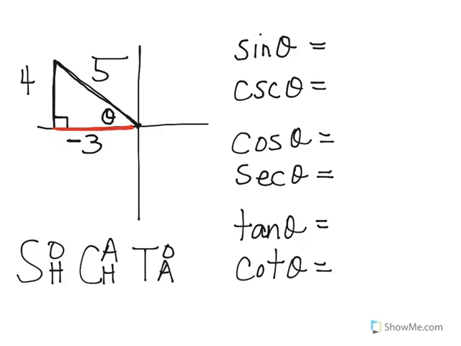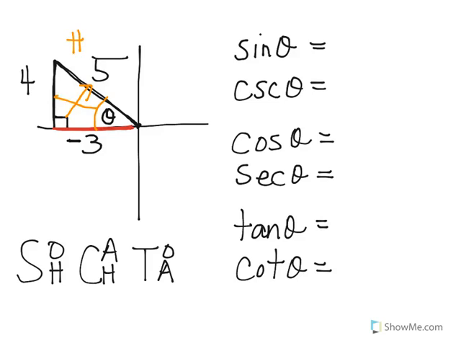Now let's figure out in our triangle what would be considered the adjacent side, the opposite side, and the hypotenuse. It's always in reference to the angle indicated, so in this case theta. The side that has a length of 5, which is across from the right angle, is always considered the hypotenuse.